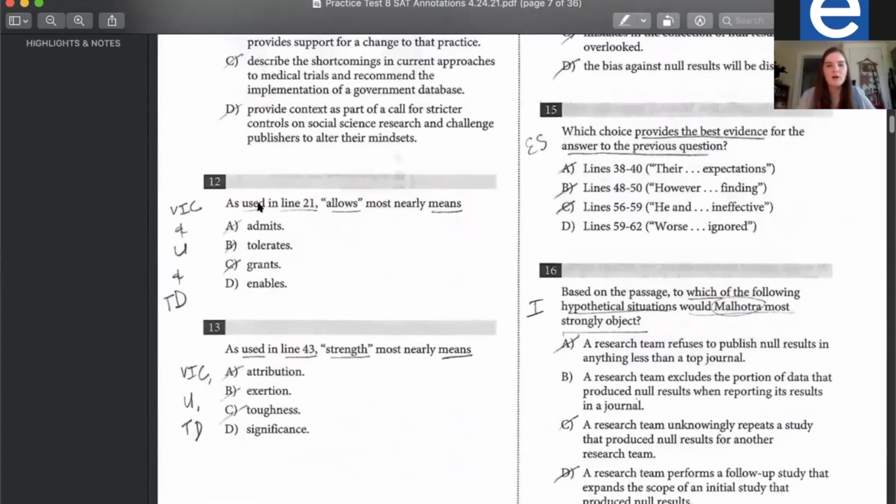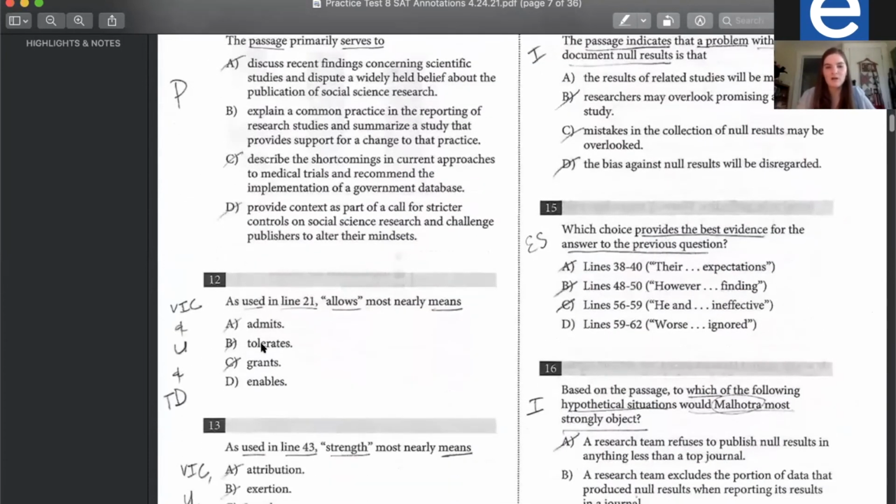Yeah. So in the next passage, on number 12, I normally would underline used, line 21, allows, means. I underline and circle in the questions too as you read through them, because that's going to help clue you into what you need to focus on when you get back there. Line 21, allows, means, and then find it.